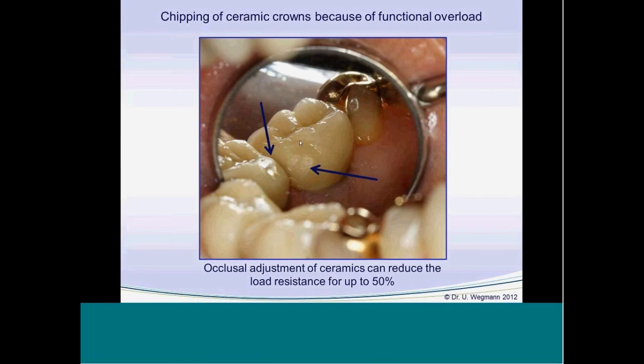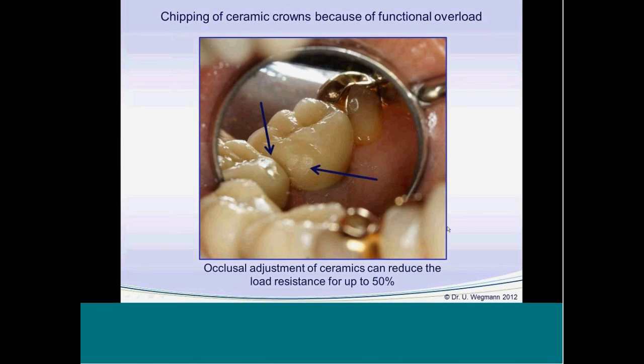When we first made ceramic crowns, we thought this chipping came from problems with the firing of the ceramics or from the material itself. But what we have learned is that this chipping mostly comes from functional overload. That's what you can see in this picture. The fracture occurs here where there's some stop in the occlusion, and from this we have this defect.